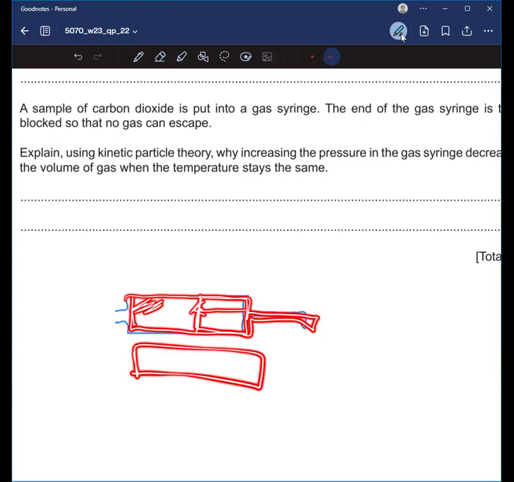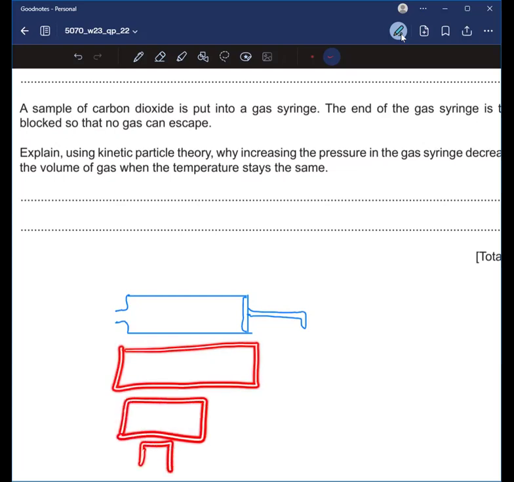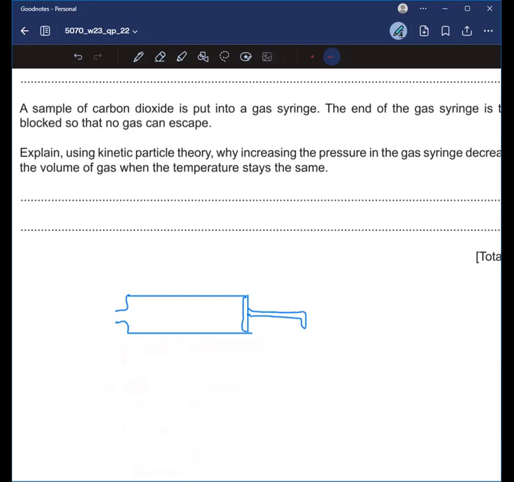So first it was covering this volume, then it covered half of it, then a quarter, then much smaller. So what is happening? I'm exerting pressure on the plunger, due to which it moves to the left and the volume decreases.